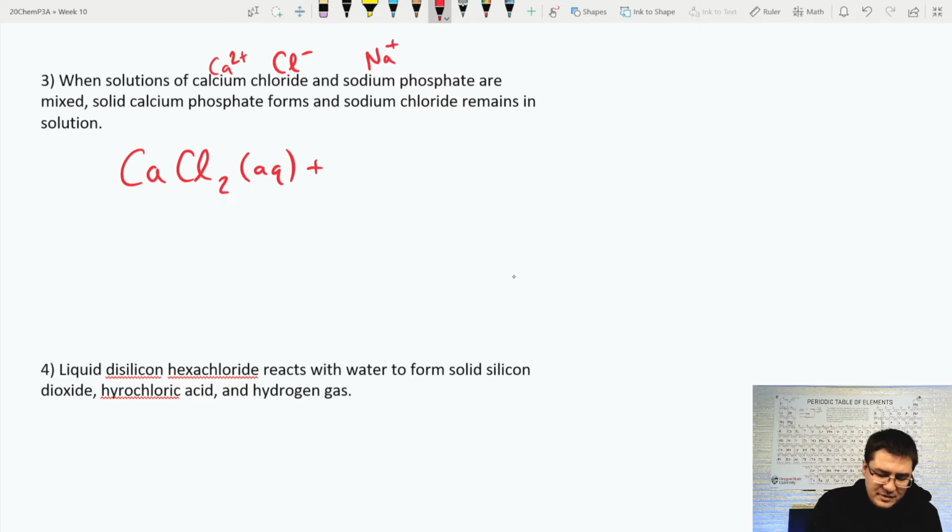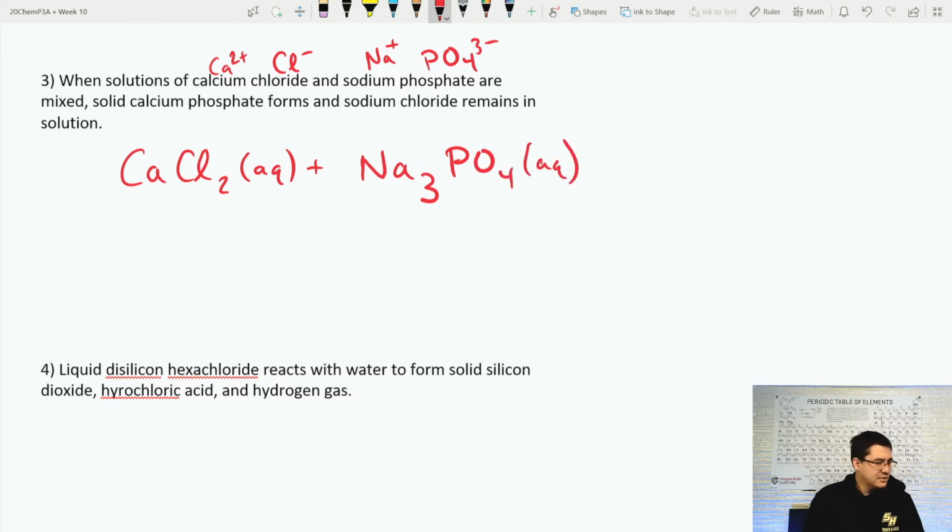So sodium is Na plus, phosphate, you look it up, PO4 3 minus. So it takes 3 sodiums and 1 phosphate. Okay, so there's my 2 chemicals, 2 reactants.